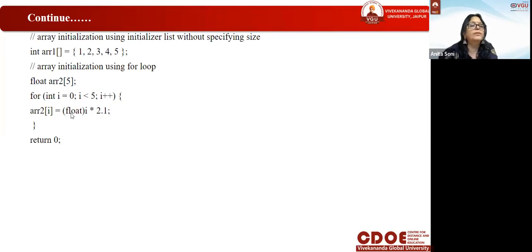So here you are converting integer variable i to float data type. So 0 into 2.1, whatever the value, the first is stored as 0, then 1 into 2.1, 2 into 2.1, 3 into 2.1, 4 into 2.1. That value will be stored in the float array.